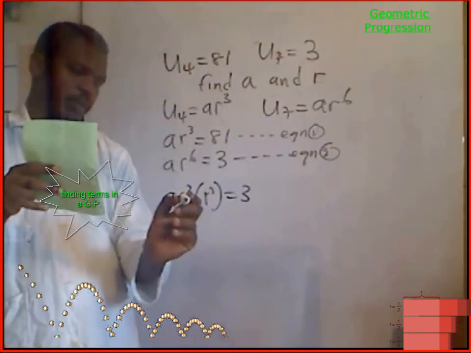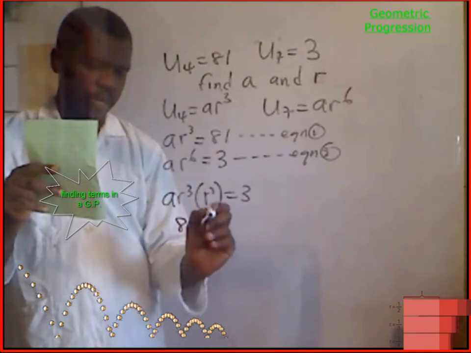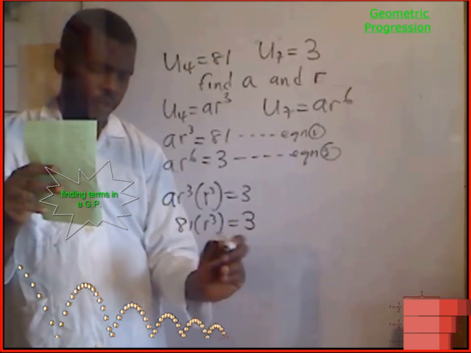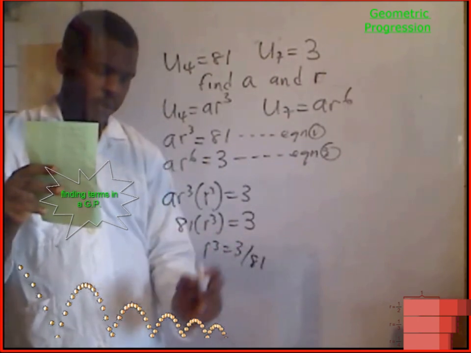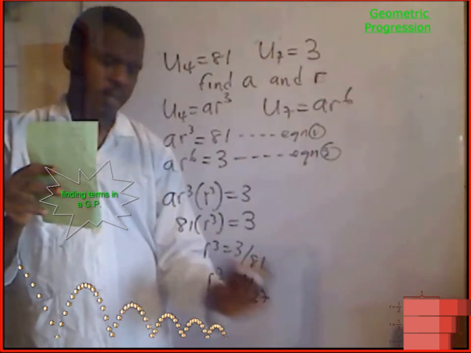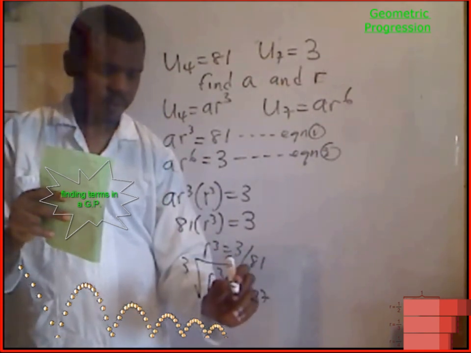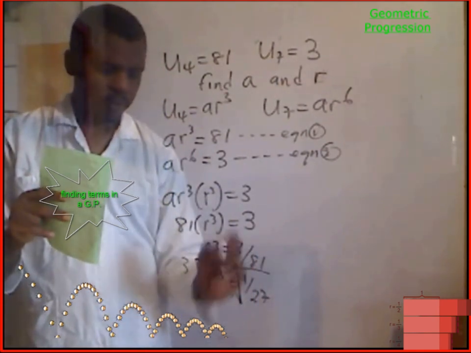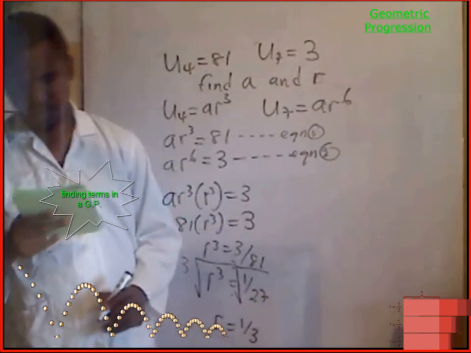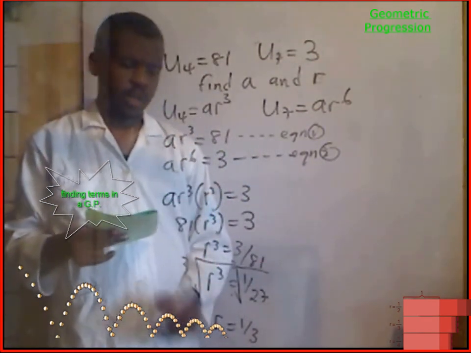What do I see? AR to the 3rd is equal to 81. This is 81 times R to the 3rd is equal to 3. R cubed is equal to 3 all over 81. R cubed is equal to 1 all over 27. I take cube root of both sides. Here I have R is equal to 1 all over 3. Now, how do I get A?